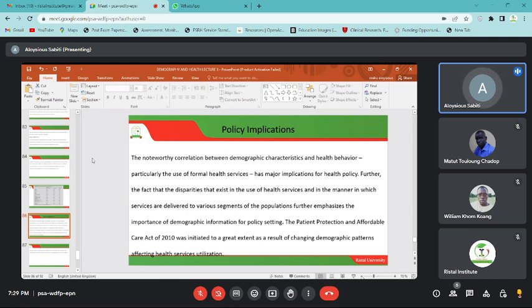So, because of the different implications that you have seen, of how demographic characteristics influence health behavior and health services, it is very important that policymakers look at how to tackle these issues. That is what the policy implication means.